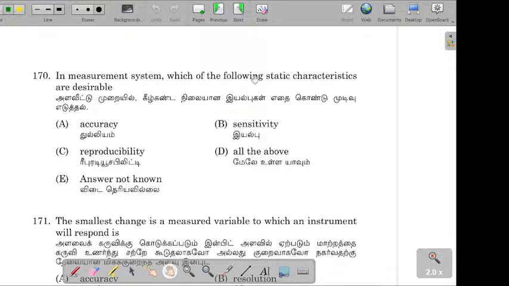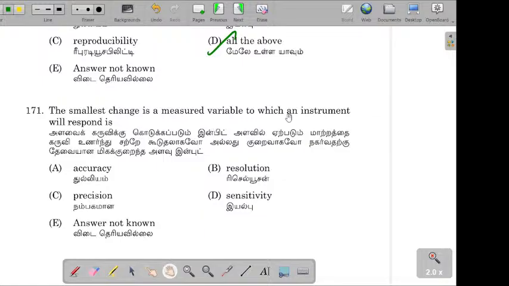In measurement system, which of the following static characteristics are desirable? Accuracy, sensitivity, reproducibility, all of the above. The smallest change in measured variable to which an instrument will respond is resolution.